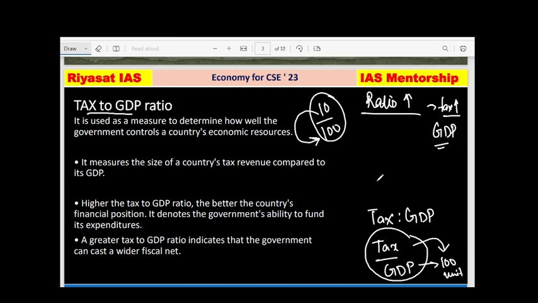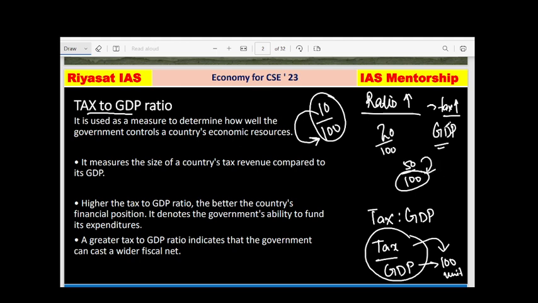That means people are now submitting tax properly on time and the government is also very efficiently collecting tax on time. So if this ratio increases, the share of tax in my GDP is increasing. That means 20 upon 100 happened, or 50 upon 100 happened, meaning out of 100 units of GDP, 50 units come from tax.